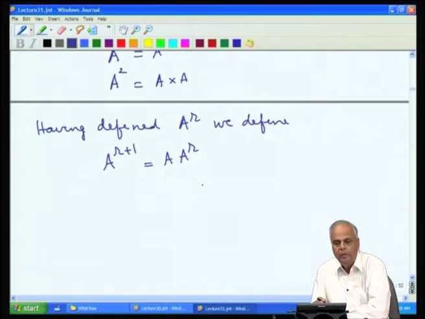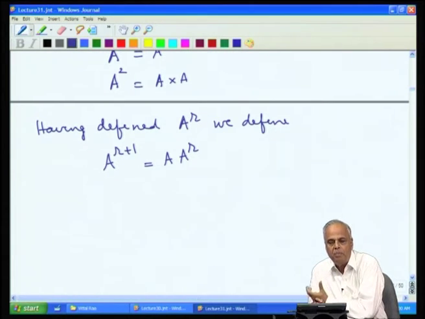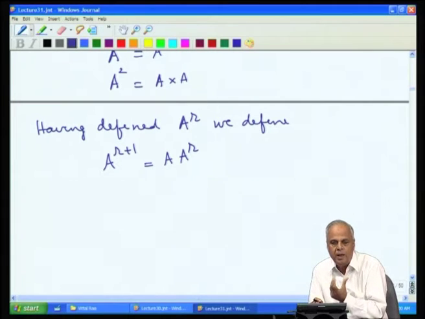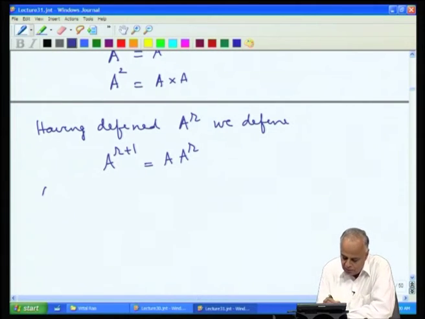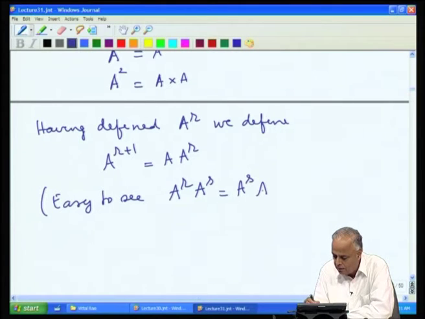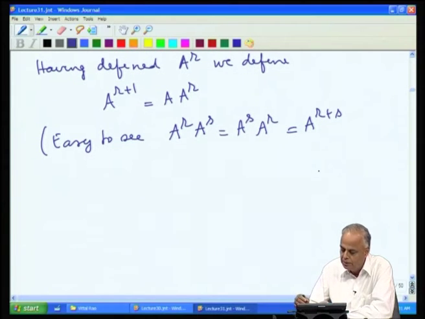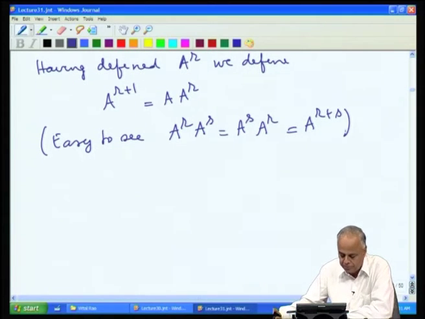Now, we can easily see that if A power r and A power s are two powers of A, they commute with each other. So, it is easy to see that A power r into A power s is A power s into A power r, which is equal to A power r plus s for any positive integers r and s.